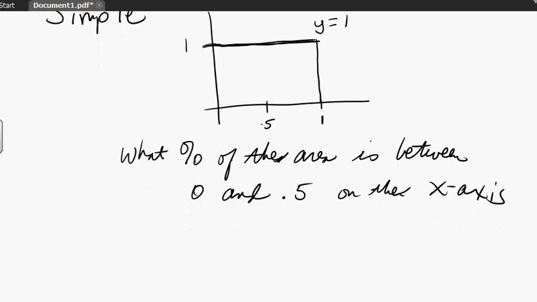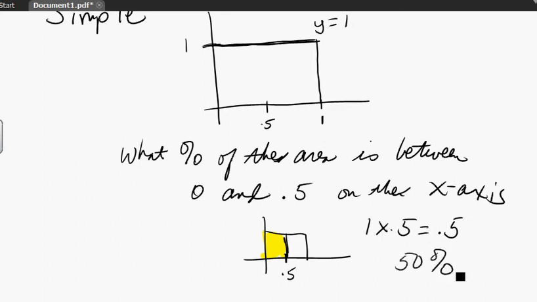So that seems pretty straightforward, that that's 50% of its area. Let me just continue to draw this. So if I think about this little piece right over here, that has an area of 1 times 0.5. So that's 0.5. So what percent is that? That's 50%.